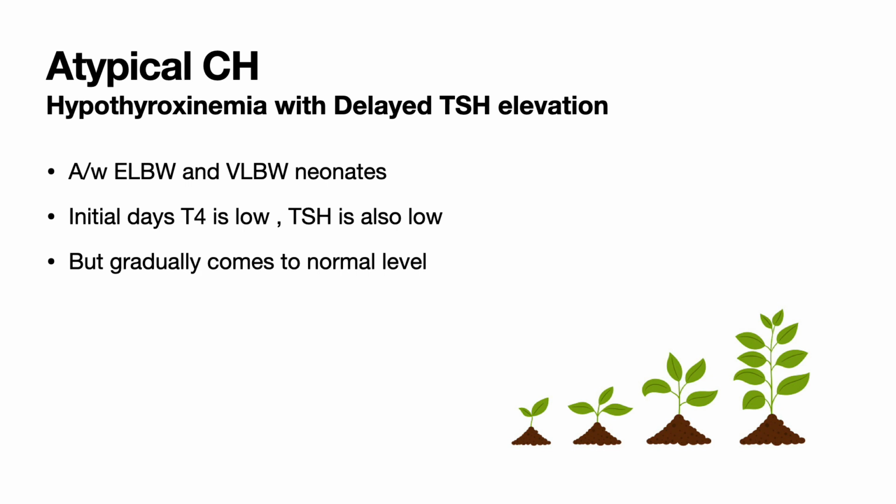Let's see the third and last category of the causes of hypothyroidism, that is atypical congenital hypothyroidism, which is hypothyroxinemia with delayed TSH elevation. It is often associated with ELBW or VLBW neonates, that is, premature neonates. In the initial days there is low TSH and low T4, but gradually they come to normal levels.